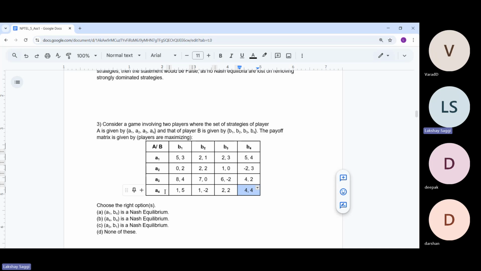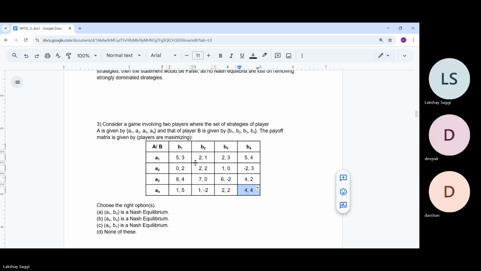If the row player was playing the strategy A1, then we arrive at this sort of setting, A1 comma B4, where the payoff for the row player was 5. Earlier it was 4, but if the row player switches from A4 to A1, then his payoff becomes 5. So his payoff actually increases.